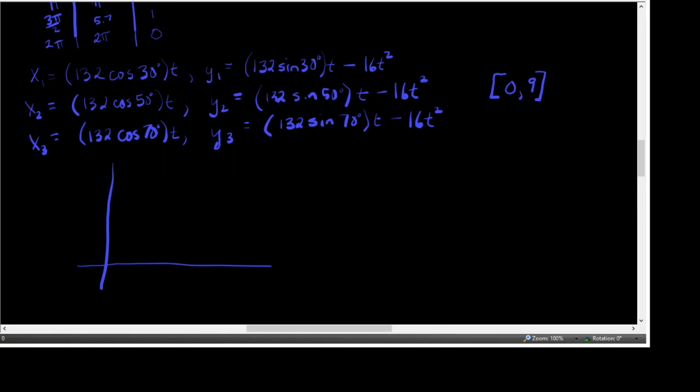Let's see which one's which. Okay, so the 50-degree one looks like this. So that's this one.